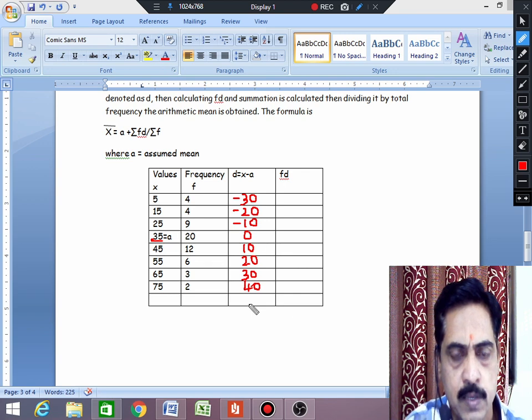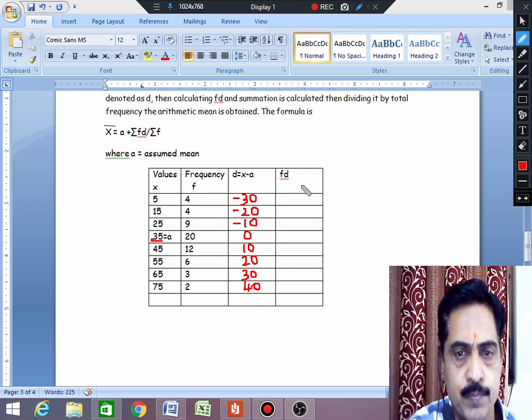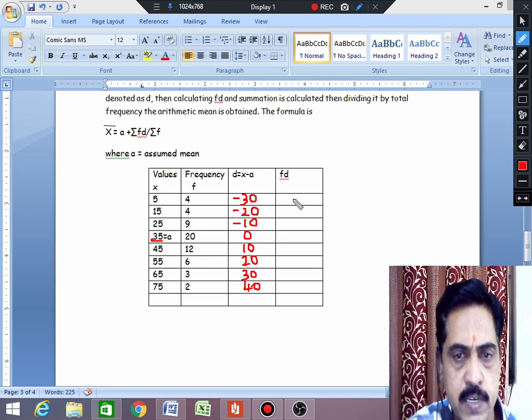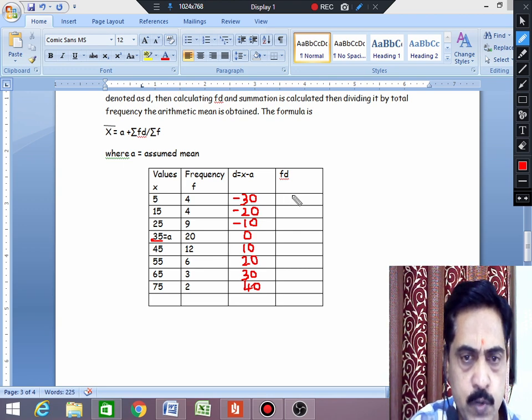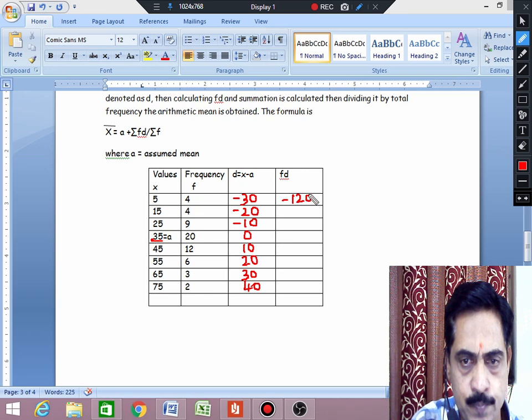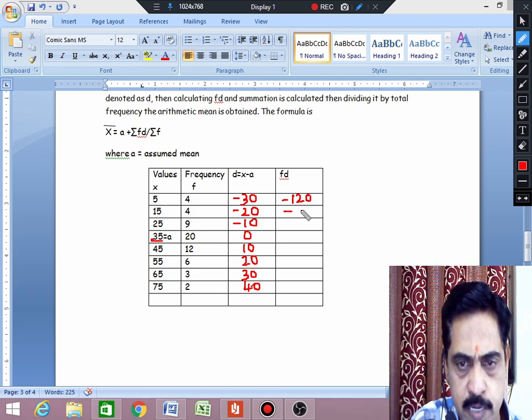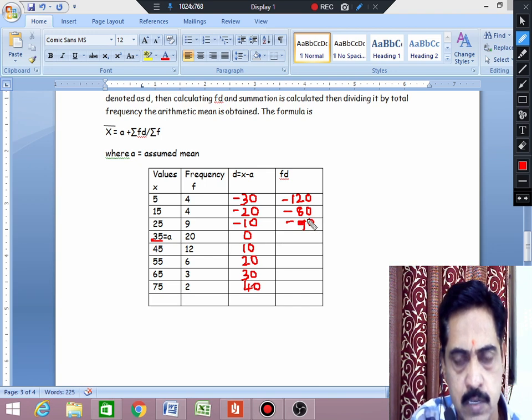Now let me calculate fd, the product of frequency and deviation d. 4 into minus 30 is minus 120. 4 into minus 20 is minus 80. 9 into minus 10 is minus 90.